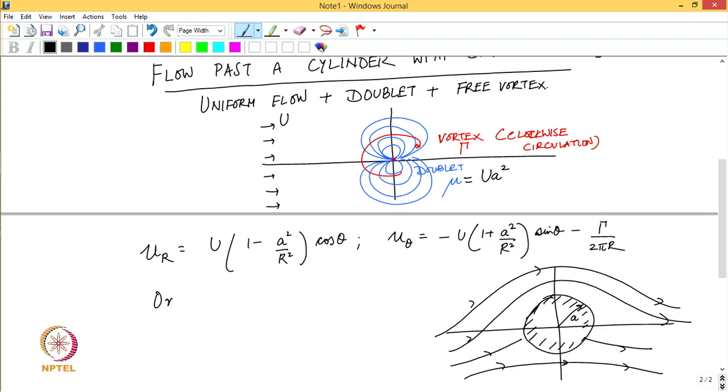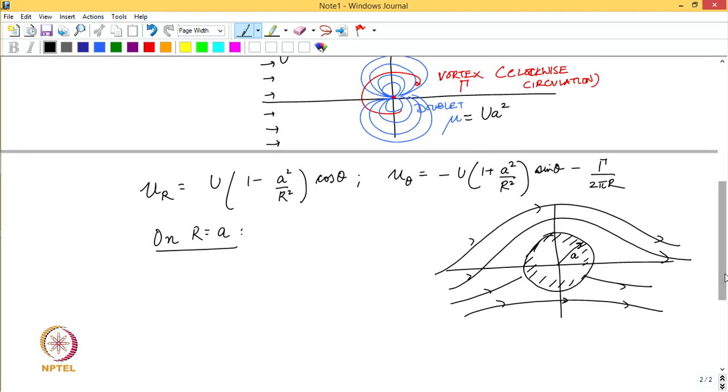So, on r equal to a, which would become any point on the surface of the cylinder, u_r, as you can see, will be 0, right, if you put r equal to a in that function, and u_theta will come out to be minus 2U sin theta minus gamma by 2 pi a. That is the velocity, or the two components of velocity, on the surface of the cylinder.